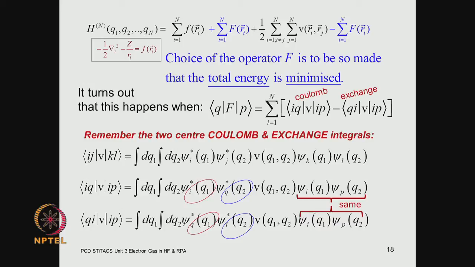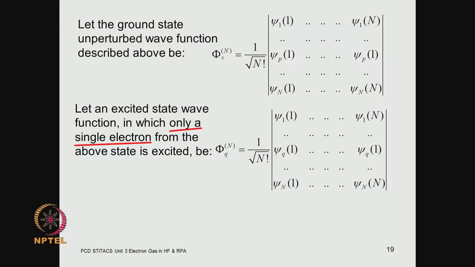These are the explicit expressions for phi p and phi q. So, phi p is the ground state, which is phi 0, and in this the pth state was occupied, whereas in the excited state phi q the pth state is not occupied, but instead the qth state is occupied.